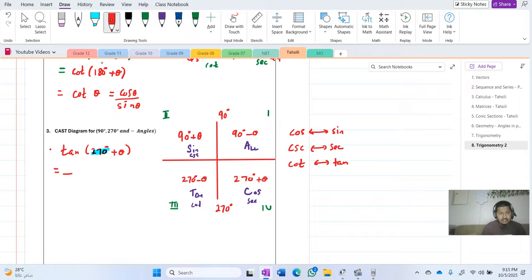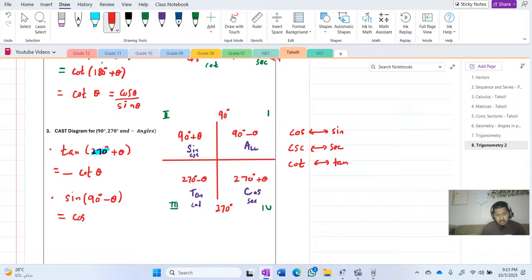So that's it, the answer is cot theta. Taking another example, what is sine of 90 minus theta? 90 minus theta is in the first quadrant, so sine is positive, and because of the 90 it changes to co-ratio, which is cos theta, positive cos theta.